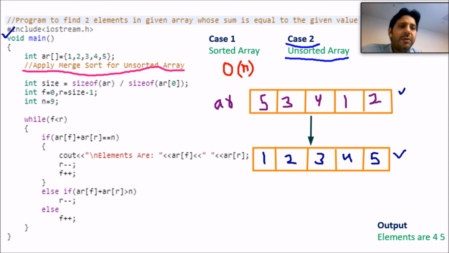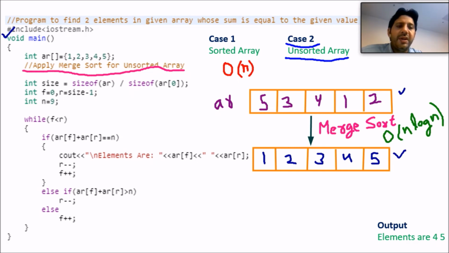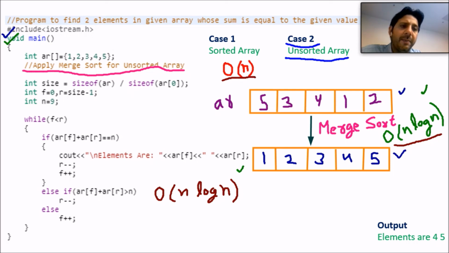The main thing here is that we are applying merge sort, and merge sort has the complexity of big O of n log n. The only thing is that we have used the same program after sorting the array, and before that we applied merge sort. So first of all we will consider this complexity for sorting, which is big O of n log n, and then we will take the complexity of the program to find two numbers having the sum equal to the given element.